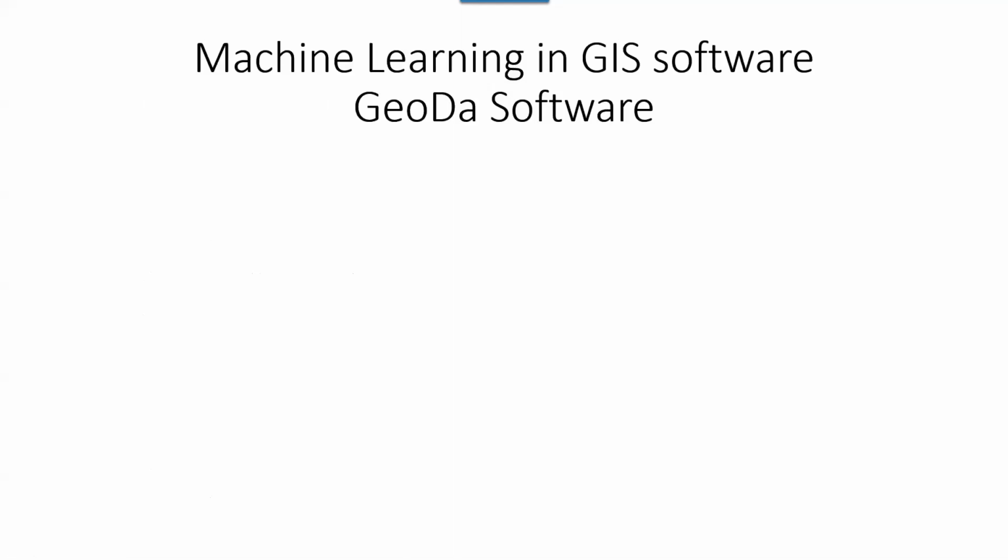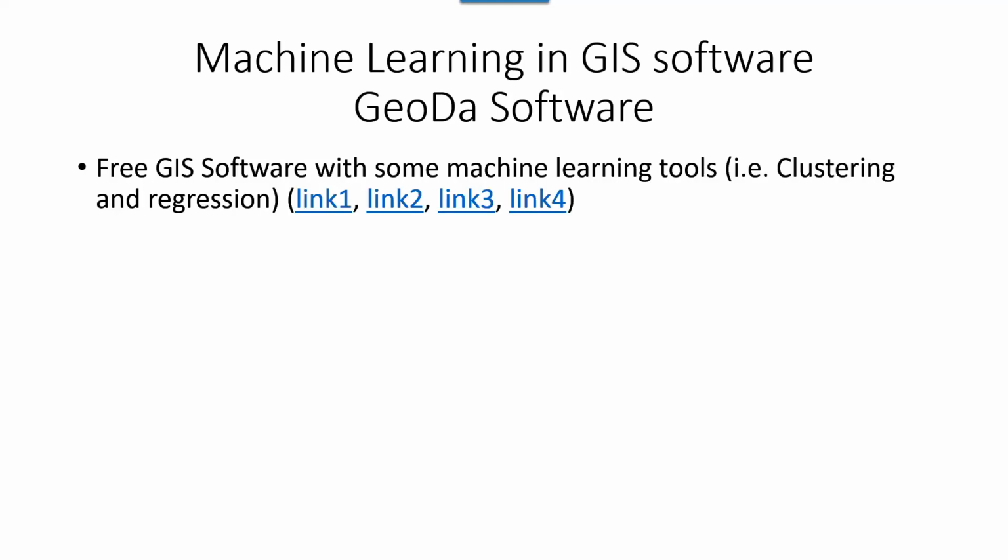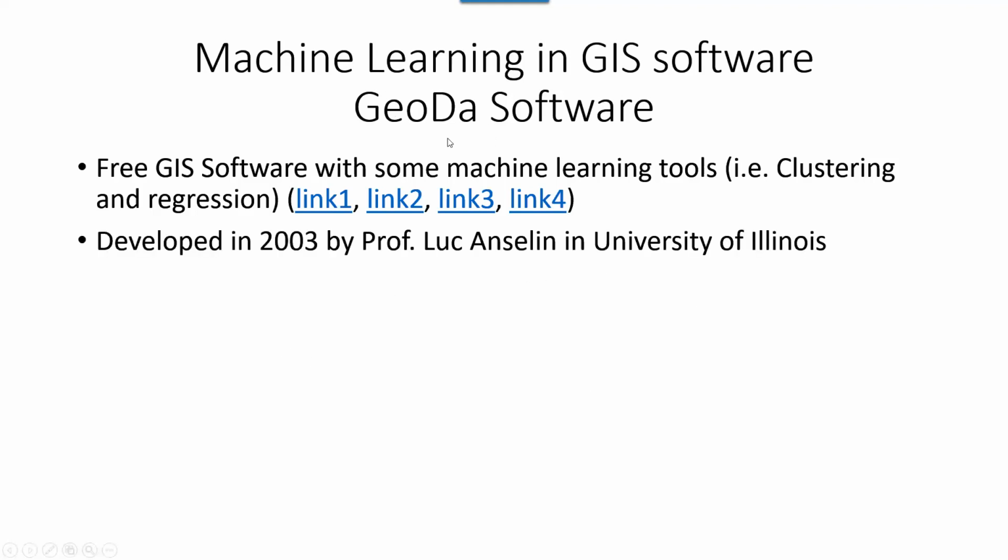Some GIS software have a small number of algorithms. In this presentation, I will focus on 3 GIS software. First, unfortunately an unpopular software called GeoDa. It's a free GIS software with some machine learning algorithms like clustering and regression. There are some links where you can see information about this software.